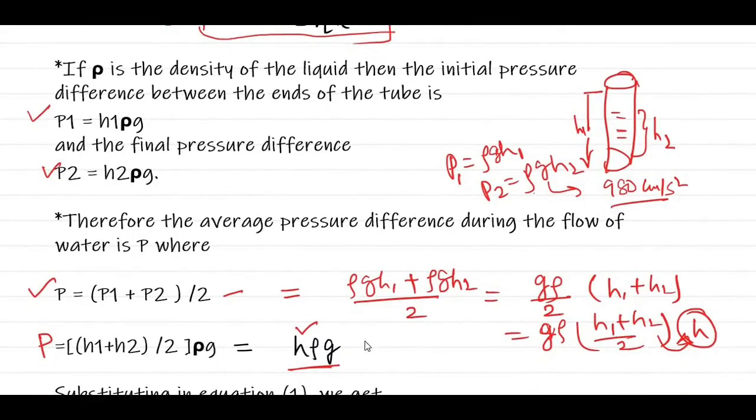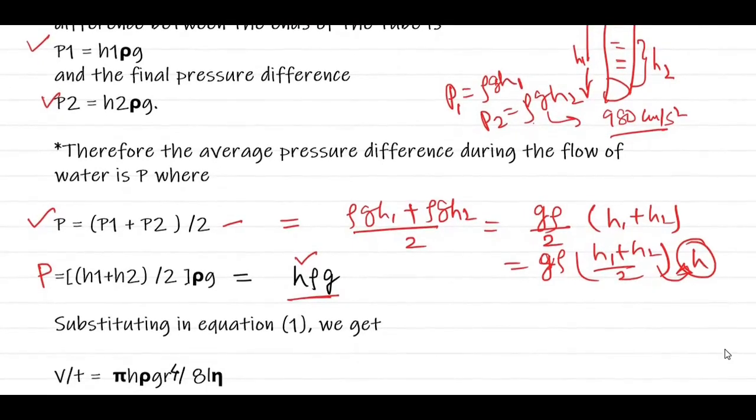Now if we substitute this value in equation 1, which was P pi r power 4 divided by 8 eta L, instead of P we can write rho g h. So rho g h pi r power 4 divided by 8 eta L.